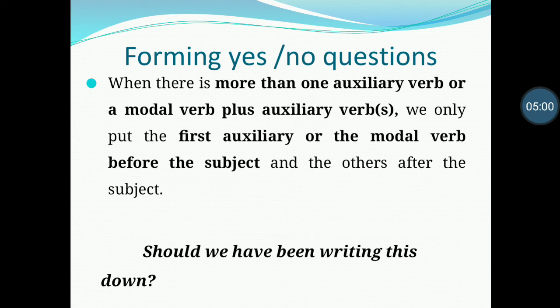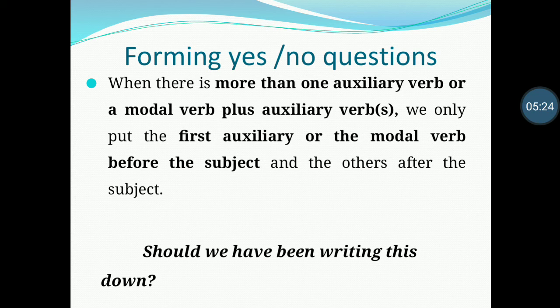If there is more than one auxiliary in a sentence, we have to use the first auxiliary to frame a yes or no question. Suppose there are two auxiliaries or three auxiliaries, you have to put the first auxiliary first, then the subject, and then the rest of the auxiliaries.